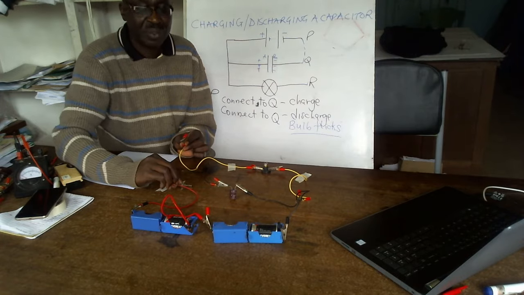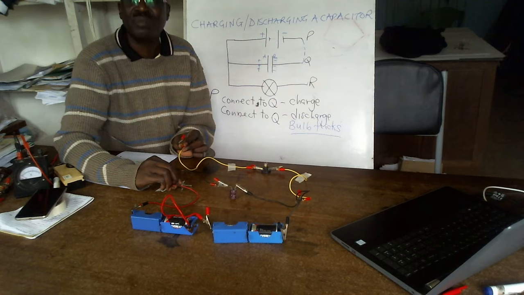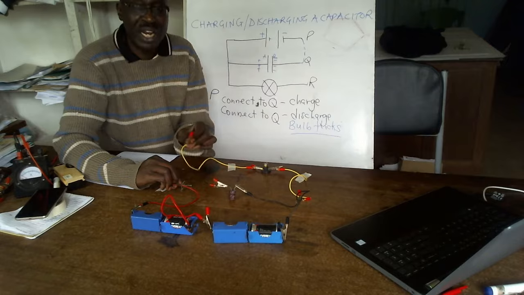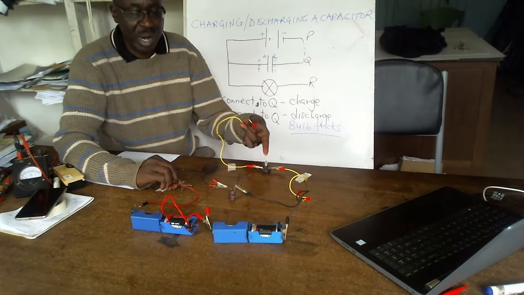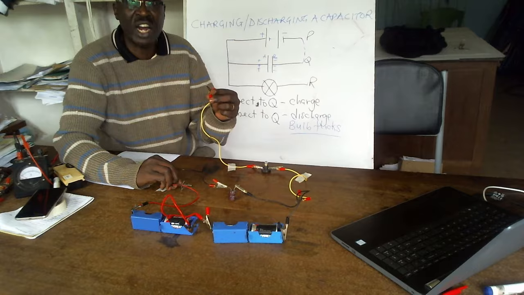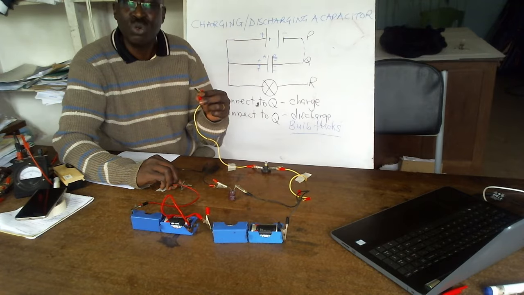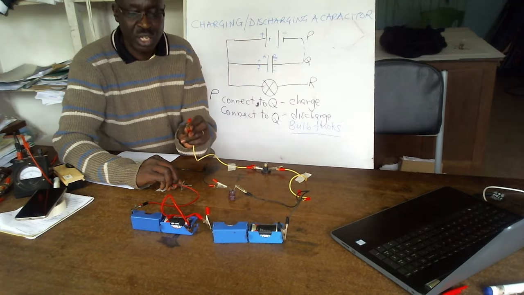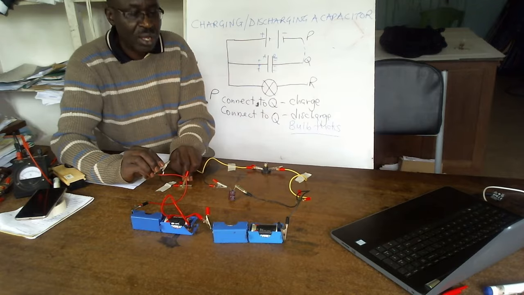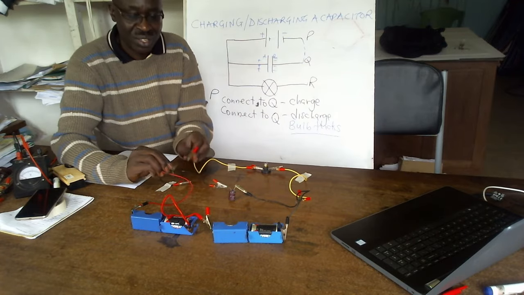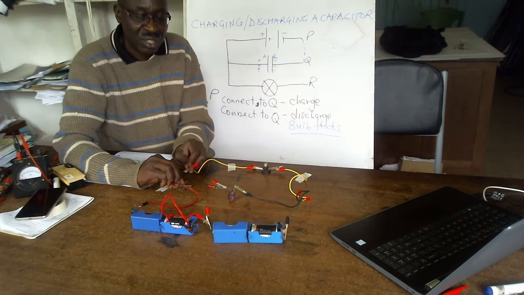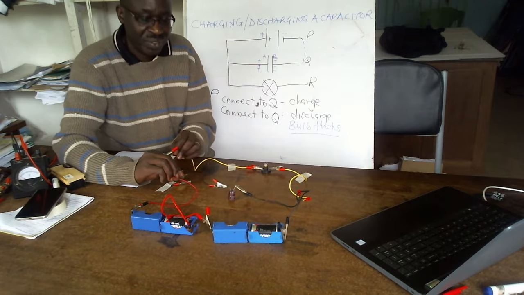I can hold them now for ease. Here, charging. It takes a short time to discharge. So I have charged, and now I'm taking this. You can see the bulb is connected to this. This is R. Now I'm taking R to Q. There, you see? Flicks. Charge, discharge.